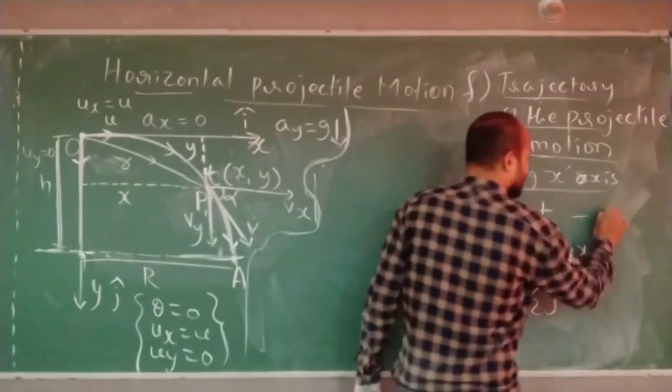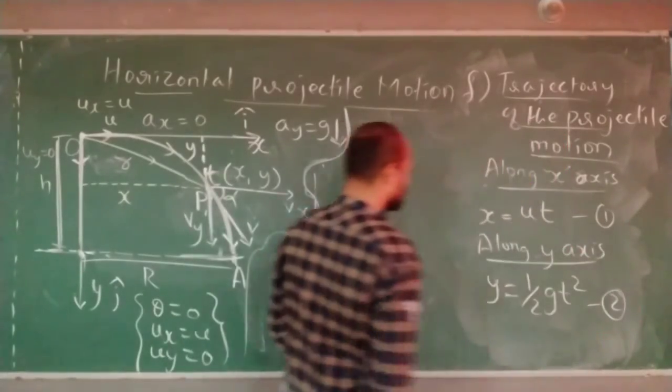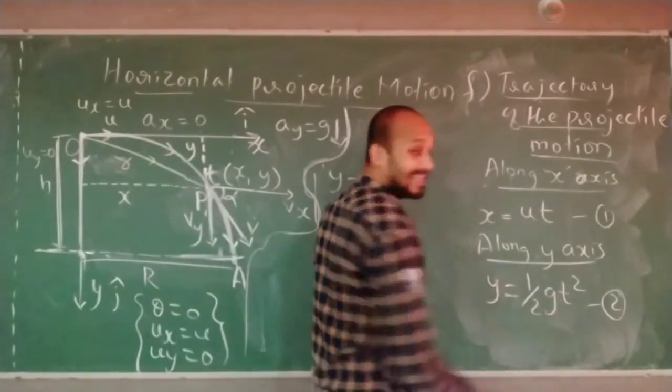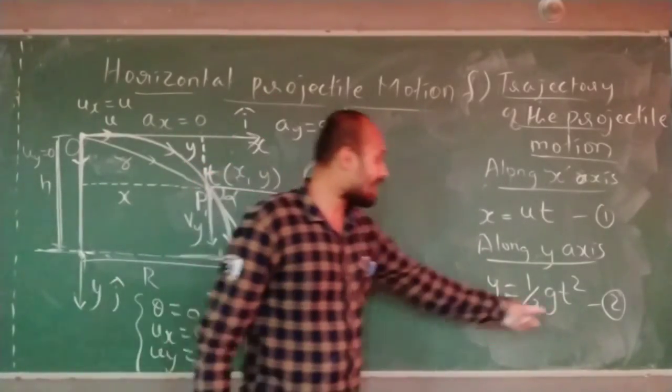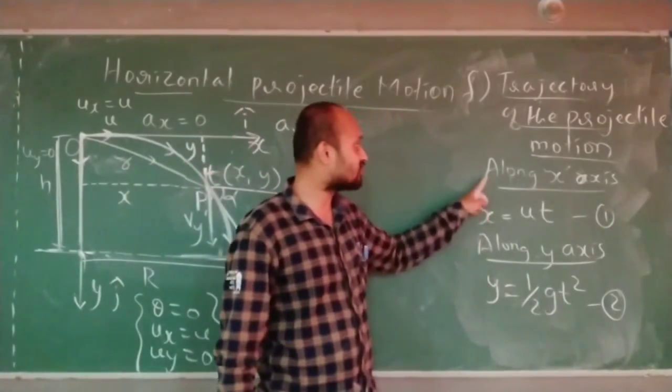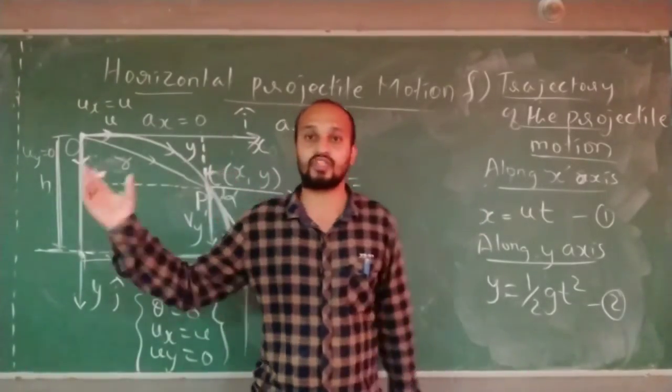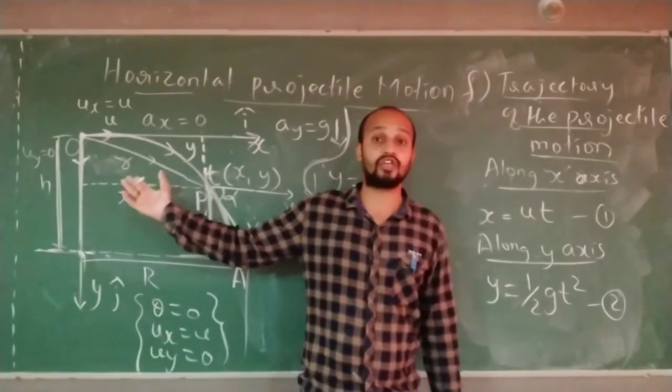From equations 1 and 2, I will substitute t because I want the relation between y and x. That relation is the equation of the path followed by the projectile motion, the equation of a line.